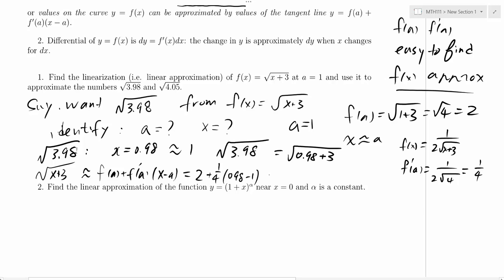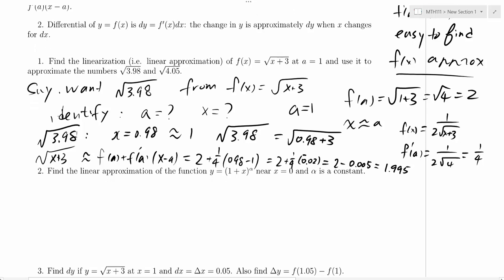So what we have is 2 plus 1/4 times negative 0.02. So we have 2 minus 0.005, and that's going to be 1.995.